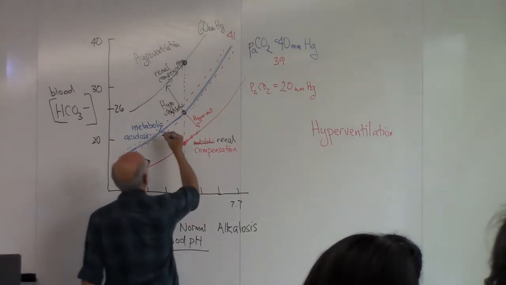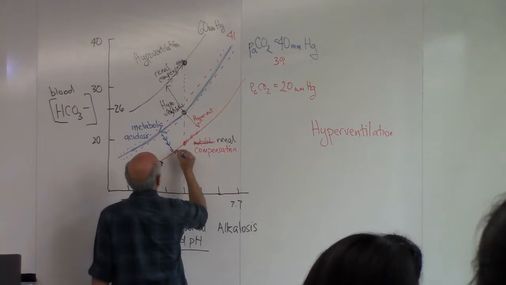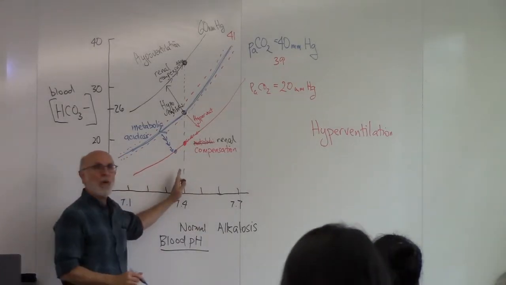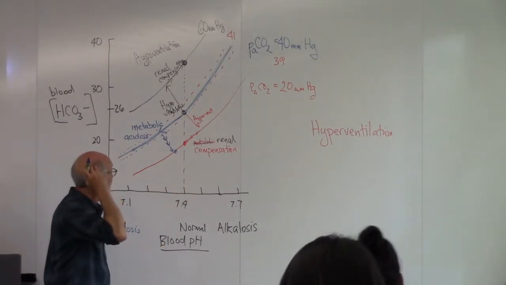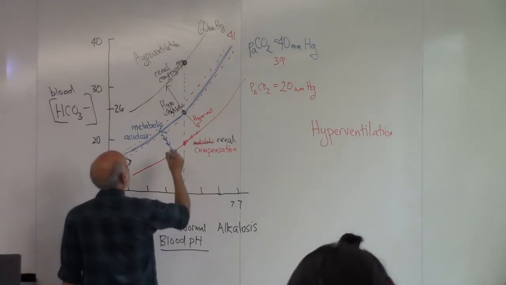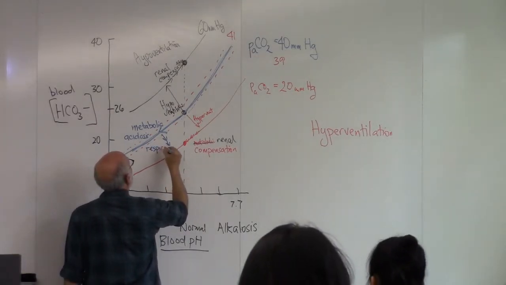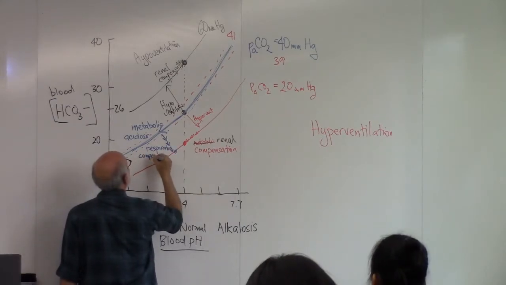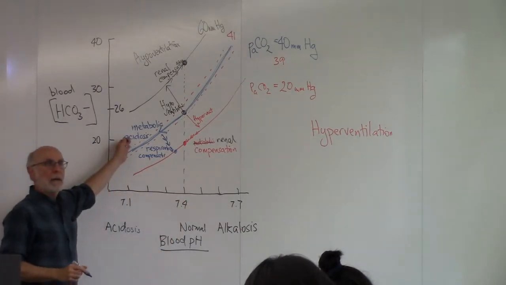Increase it, because by increasing respiration, we can get to a pH that is closer to normal. And so this would be a respiratory compensation to a metabolic abnormality.